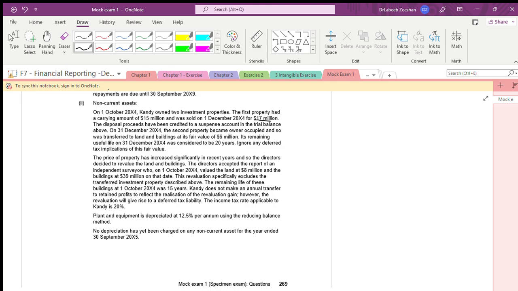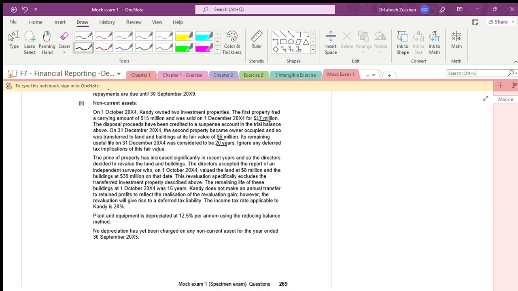The sale proceeds have been credited to suspense account. On 31st December, the second property became owner occupied and so was transferred to land and building. Fair value is how much? 6 million. The remaining useful life is considered to be 20 years. Ignore any deferred tax. No tax is there. Fine.